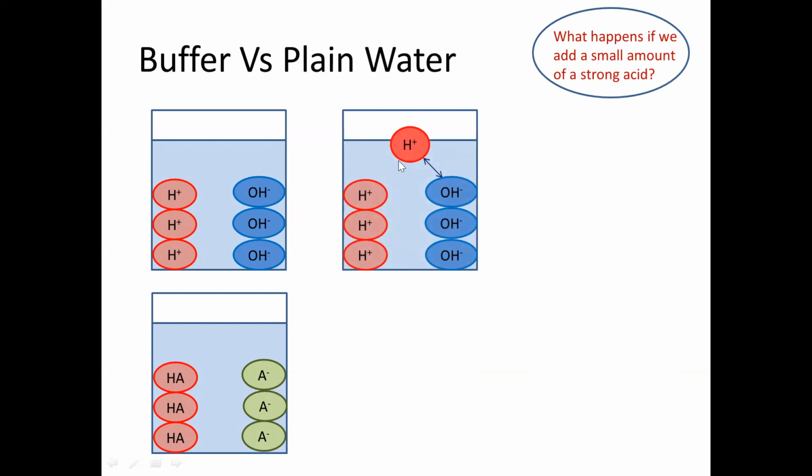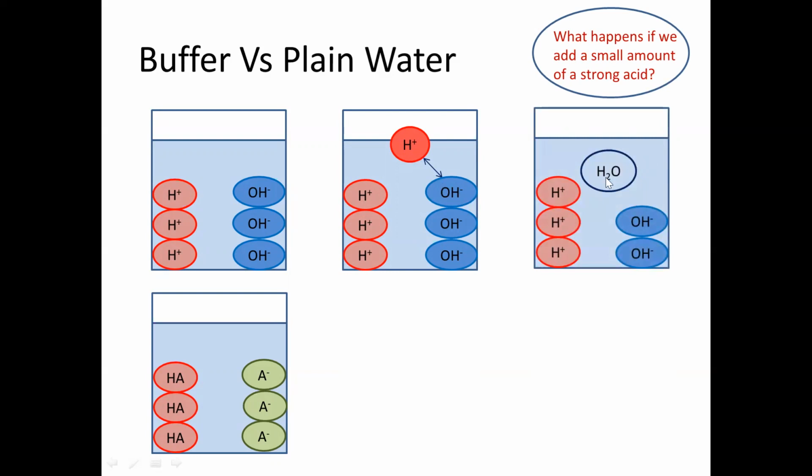When acid is added to water, it will immediately combine with the OH ions present in the water and give rise to the neutral water molecule, thereby disturbing the equilibrium between H plus and OH minus ions. So as a result, there will be a decrease in the concentration of OH minus ions and an increase in the concentration of H plus ions.